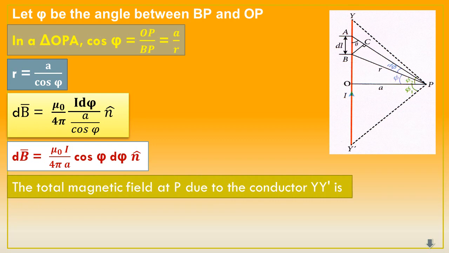The total magnetic field at P due to the conductor Y and Y dash.